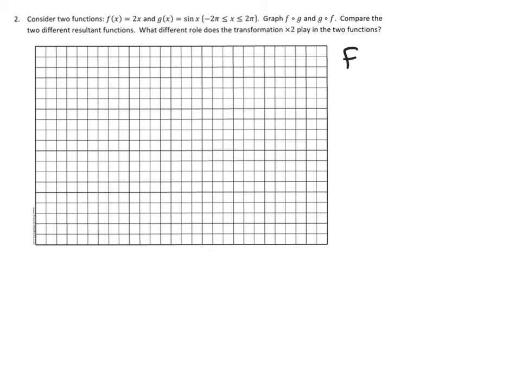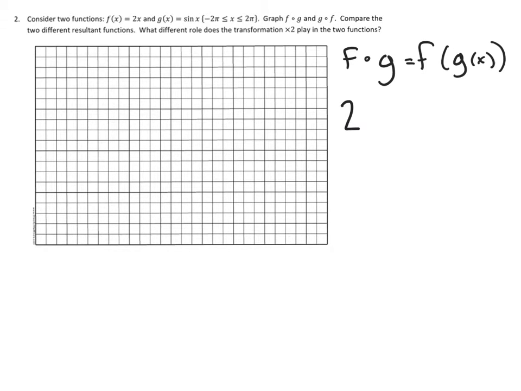So again, my first task is to find f composed with g and g composed with f. So here's f composed with g, and that is synonymous with f of g of x. Another way of writing the same idea. In f composed with g, I take g of x and plug it into f of x. So f of x starts with a 2, and then I get x.